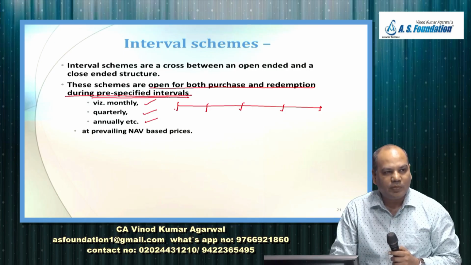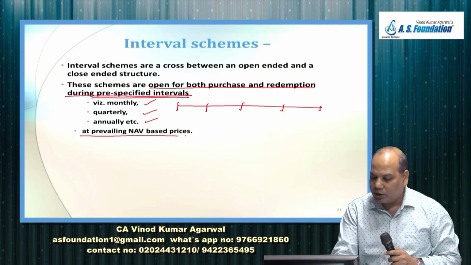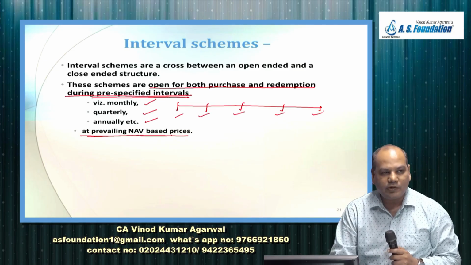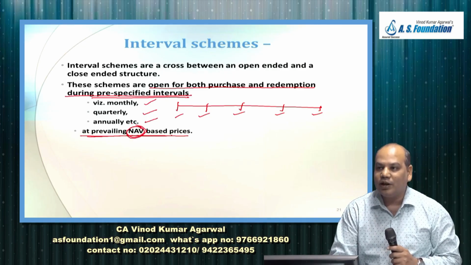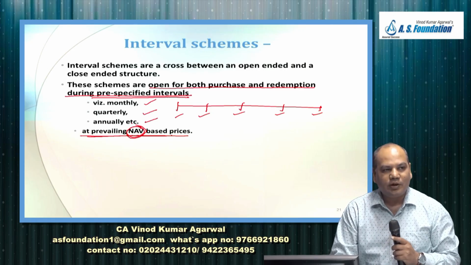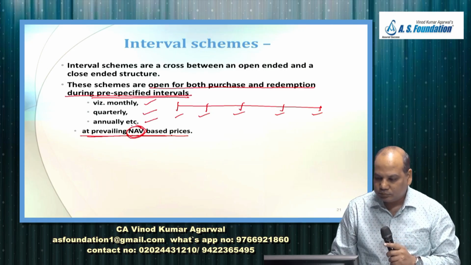So on that day you can buy or sell from the mutual fund house. Whatever will be the NAV on that day, that NAV will be applicable for purchase and sale. Then your question will be, what is NAV? Net asset value. Group 1 SFM, net asset value: assets minus liabilities divided by number of units.